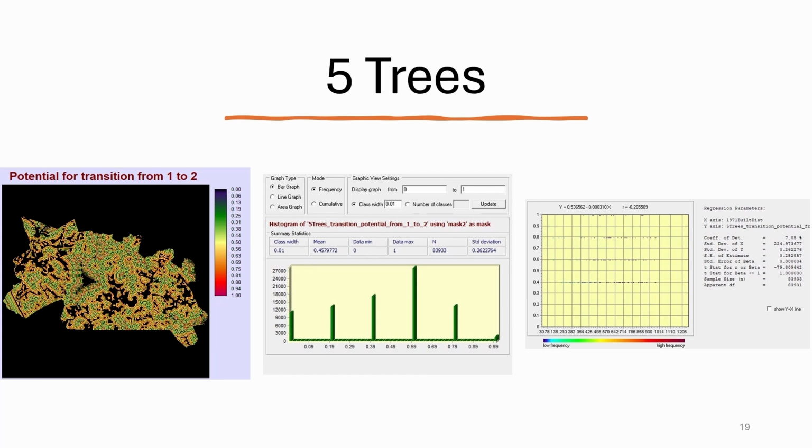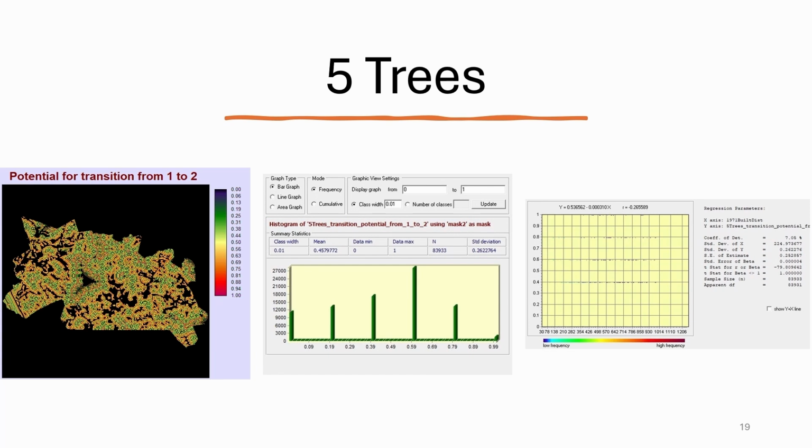For example, if 3 out of 5 trees predict that the pixel will transition, the transition potential of that pixel will be 3 out of 5, or 0.6. If no trees predict transition, then the transition potential value will be 0 out of 5, which is of course 0. This means that the possible transition potential values are a direct consequence of the number of trees, with the possible transition potential values being multiples of 1 divided by number of trees.